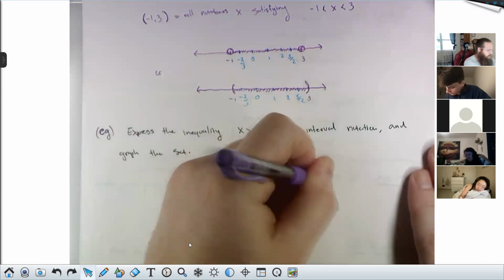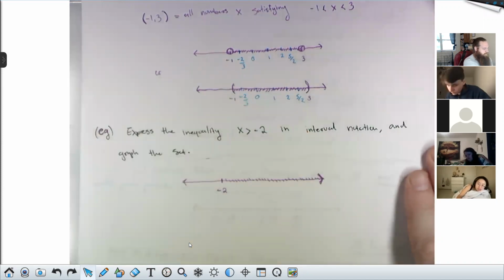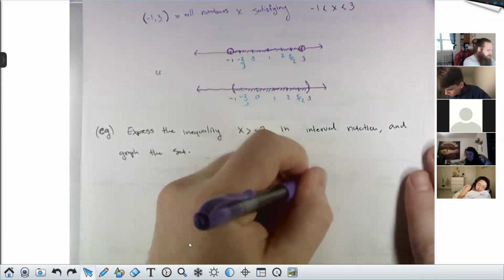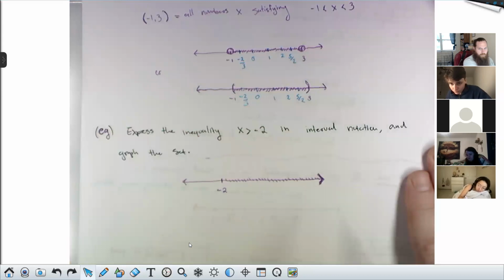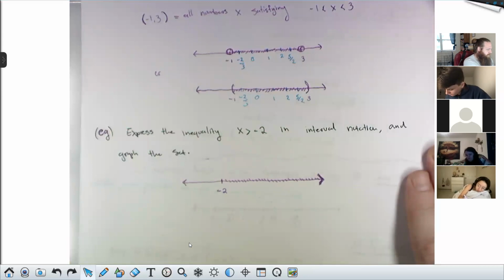This set goes on and on and on forever. 5, 6, 7, 8, 9, 10, 11, 12, all of those are in this set. Everything that's bigger than -2. The way I like to indicate this when I'm graphing sets on a line is to bold the arrow on that side to indicate that it goes on and on and on forever in that direction.